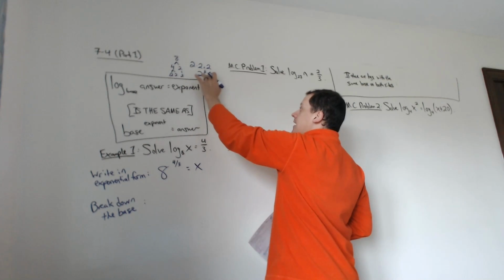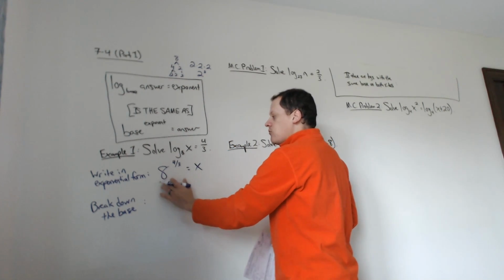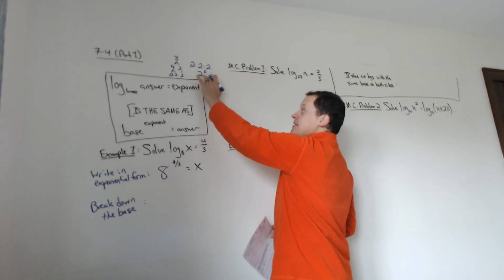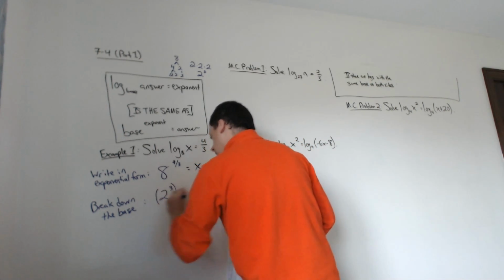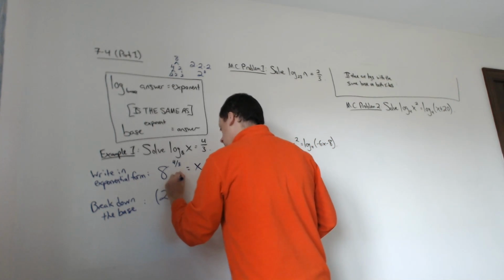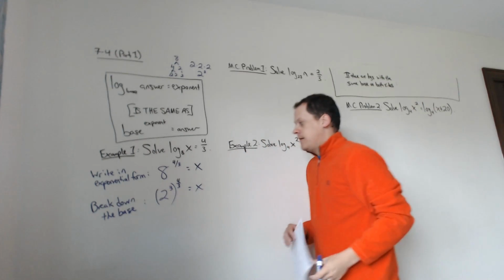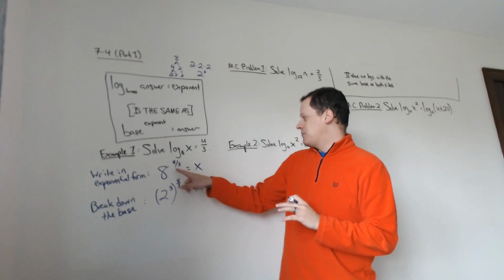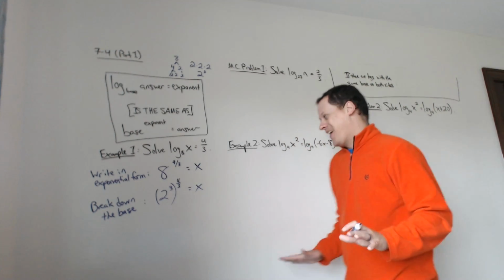So 8 is the same thing as 2 to the third power. So what I'm going to do here, I'm going to rewrite what we've got here, but instead of 8, I'm going to write it as 2 to the third power. This is still being raised to the 4/3 power. I have a bad habit when I write fractions. Sometimes I write them this way, sometimes I write them this way. It's still 4/3. Sorry about that.